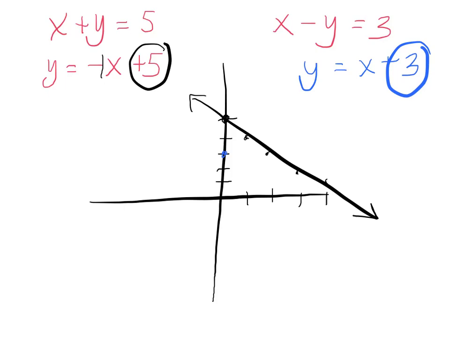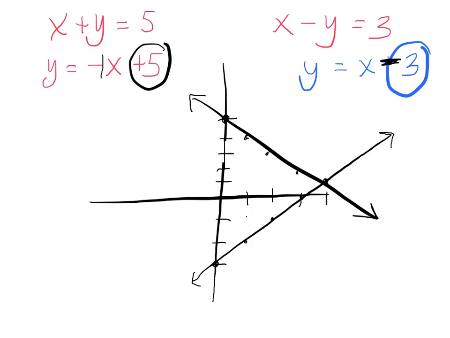All right, so let's go ahead and fix that. Because I'm subtracting this over. So -3. So my y-intercept's -3. My slope is 1. So from here I'm going to go up 1, over 1, up 1, over 1, up 1, over 1, up 1, over 1.